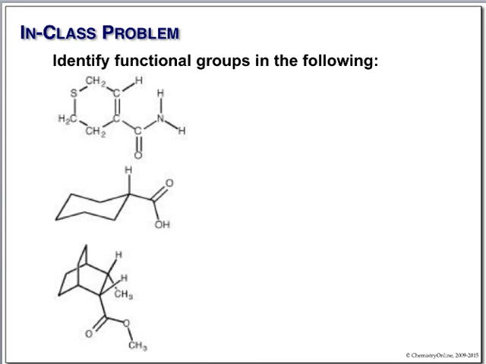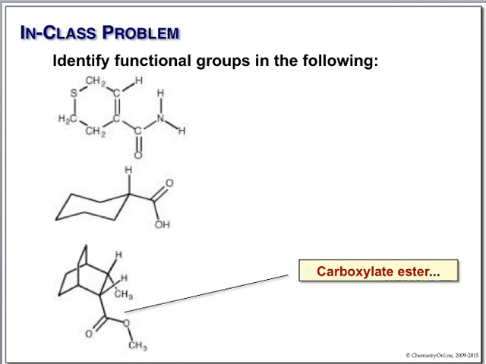And finally, here we have a carbonyl with an O something attached. This is a methyl group, can be any carbon thingy at all. This is a derivative of a carboxylic acid. It's a carboxylate ester.